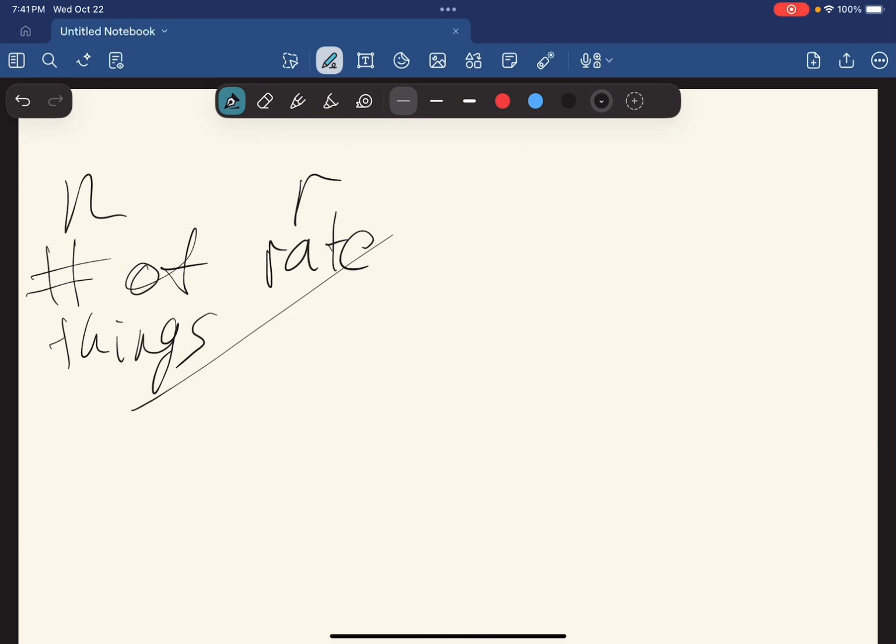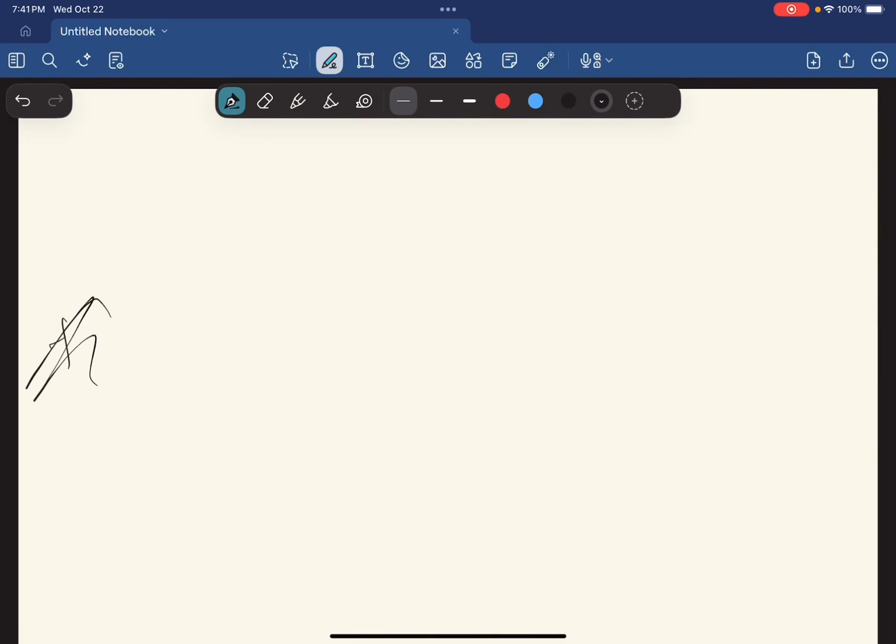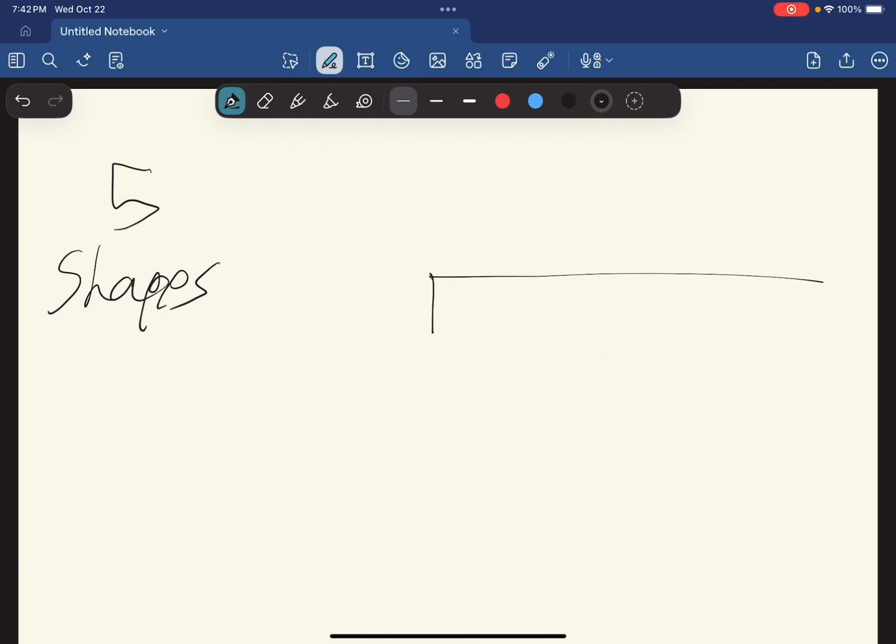So say I have 5 shapes, and I can fit 3 of these shapes on a shelf. How many different ways are there for me to put the shapes on the shelf?